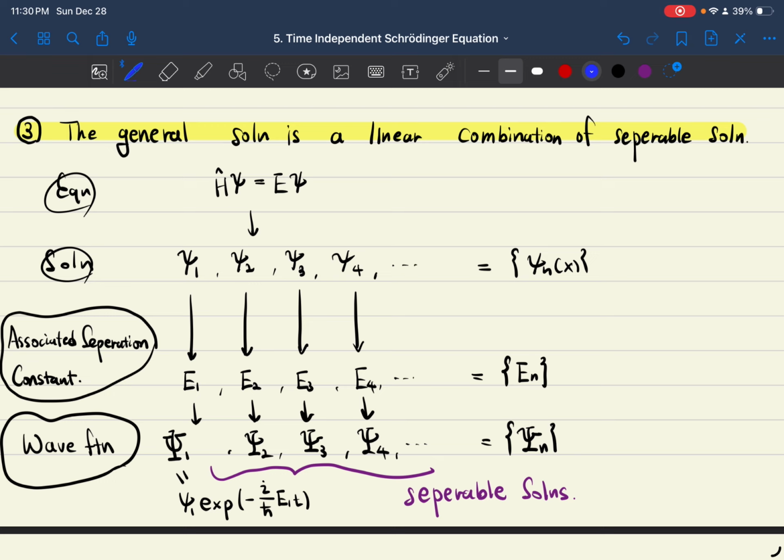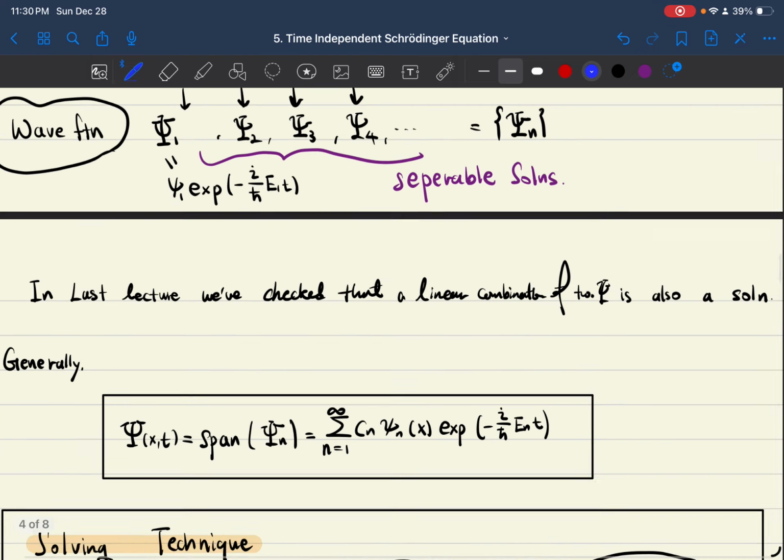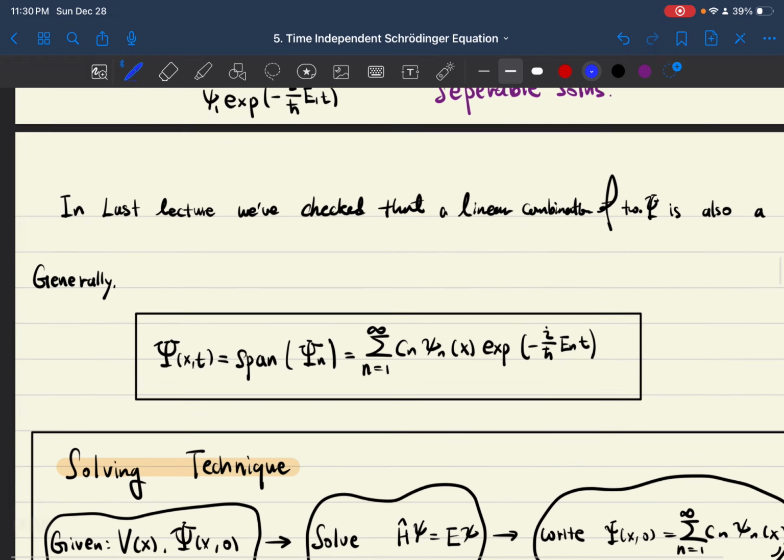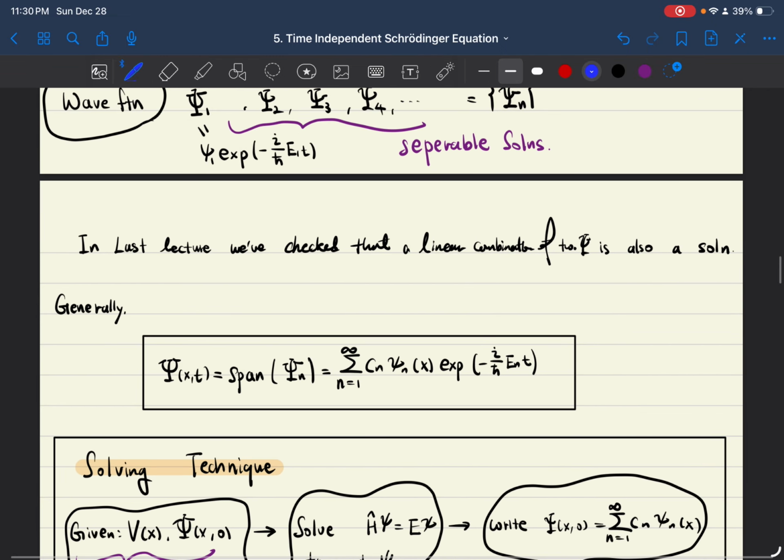And here the full psi 1 can be very easily computed from the small psi 1, multiplied by the time wiggle factor, exponential of minus i over h bar E1 t. So we call these solutions separable solutions. In the last lecture, we checked that a linear combination of the psi is also a solution.